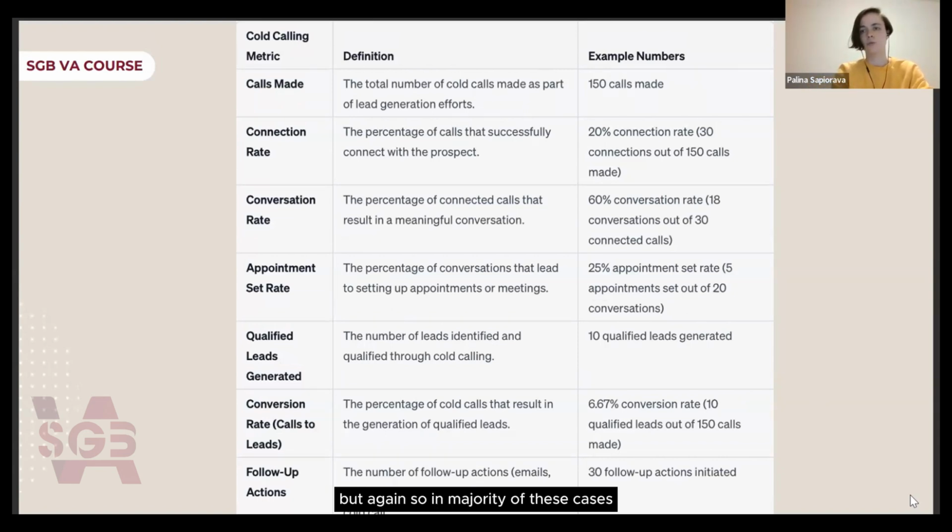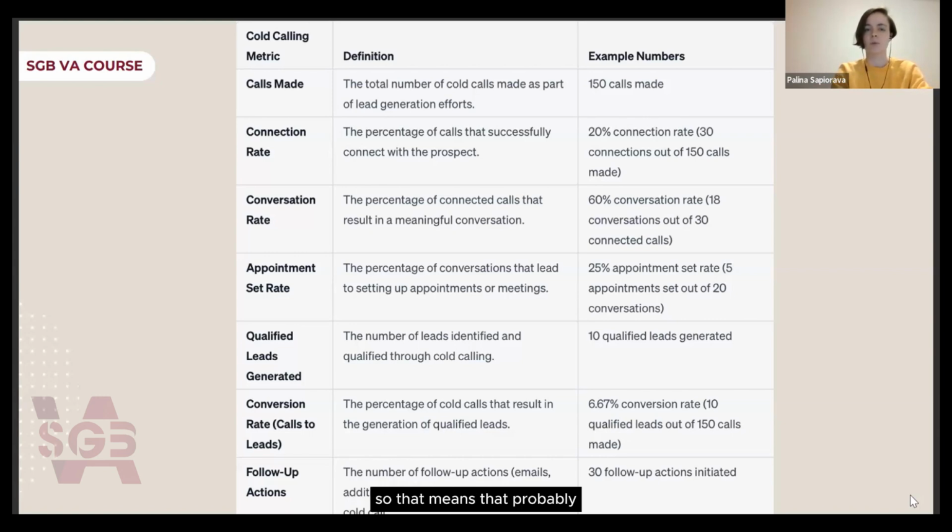But again, in the majority of these cases, the main metrics are how many calls you made, or how many emails or outreach messages you sent, and what the results are. It's always better for you to actually manage your answers, because they can be different, to understand, for example, how many people weren't interested even though they technically answered.